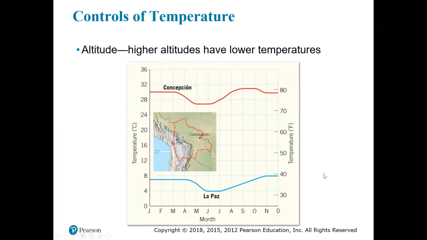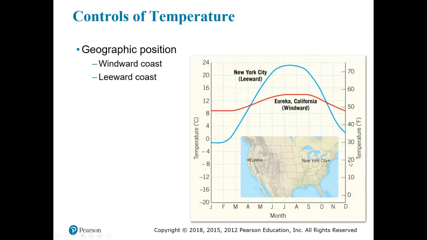Now, Concepcion and La Paz in South America, this is an example of 2 locations in the southern hemisphere, but La Paz is in the Andes Mountains. So because it's at a higher elevation, a higher altitude, it's colder there. And you know you're in the southern hemisphere because it's cooler in the summer.